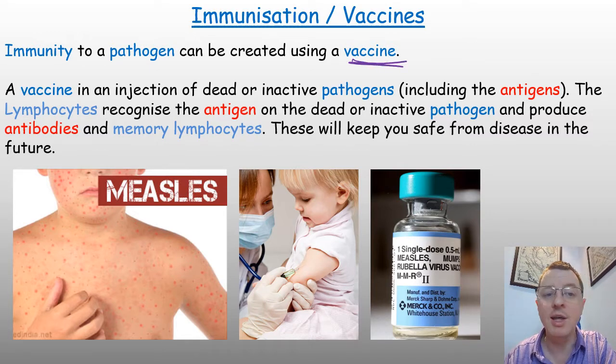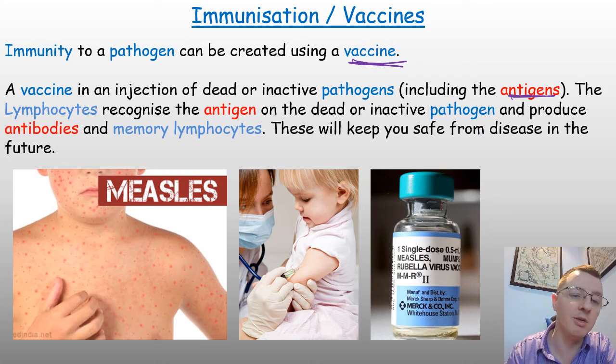Luckily, immunity to a pathogen can be created using a vaccine. A vaccine is an injection of dead or inactive pathogens. This must include the foreign antigens. The lymphocyte can then recognize the antigen on the dead or inactive pathogen and produce antibodies and memory lymphocyte cells, and these will keep you safe from disease in the future.